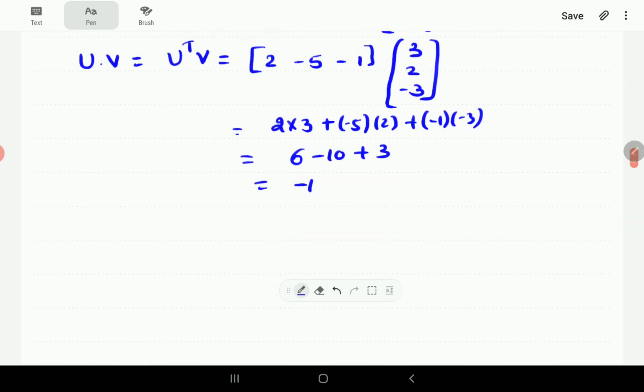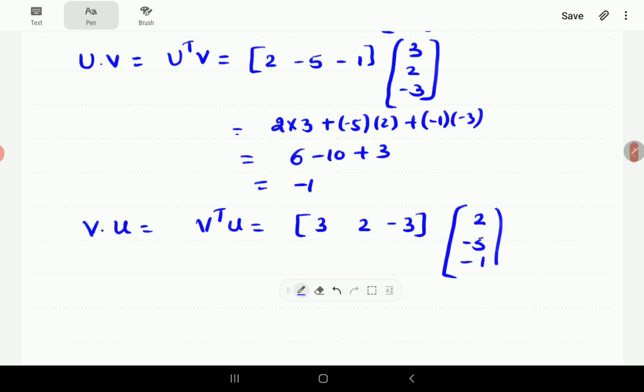Which is -1. Let us now find v dot u, which is v transpose times u. So v transpose, this is 3, 2, -3 times u, that is 2, -5, -1.